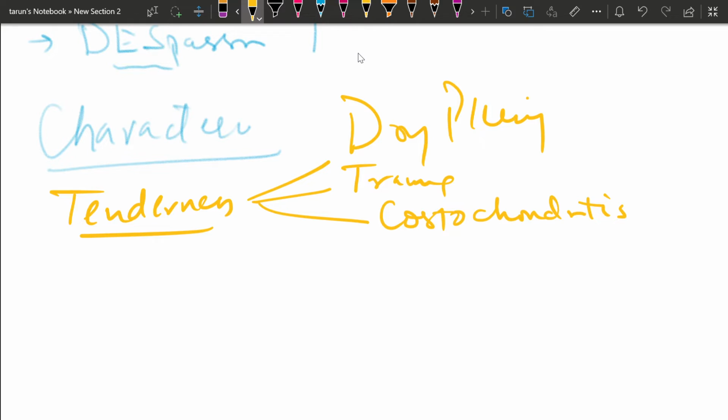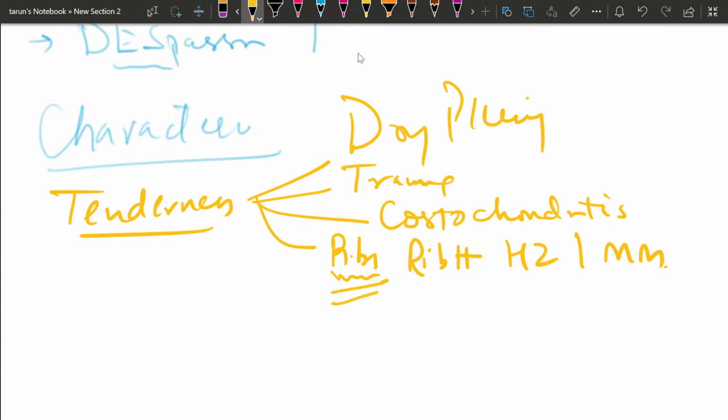Then any musculoskeletal disorders, for example, malignant deposits on the ribs, rib fracture, herpes zoster can cause local tenderness, multiple myeloma. So these are the musculoskeletal problems.